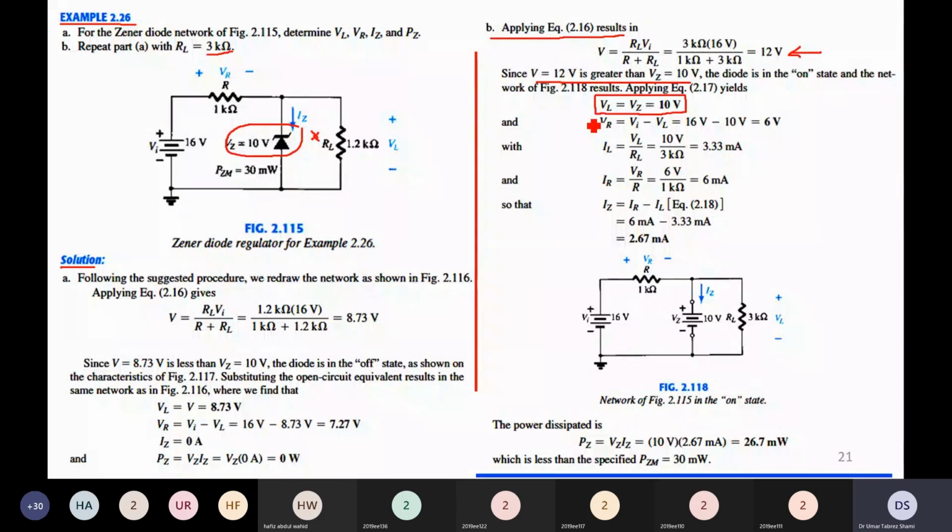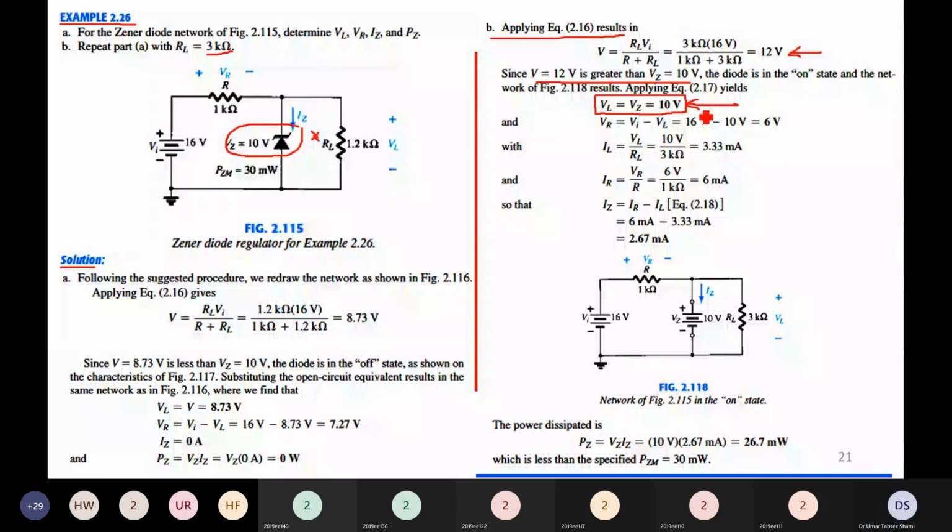This voltage was larger than the breakdown voltage of the Zener diode. Therefore, when we replace our Zener diode and return it to the circuit, the output voltage across RL will not be 12 volts any longer. It will be equal to the voltage of the Zener diode, which in our case is 10 volts. So VZ is now 10 volts.